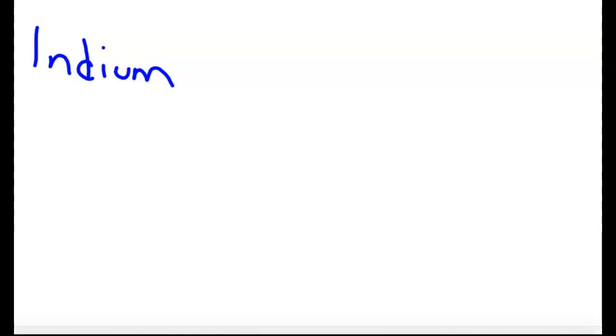Okay, and so when I look on my periodic table, trying to find indium, indium's atomic number is 49. So under the atomic number column, I'm going to write 49. I find indium, and its atomic mass is 114.8. So I'm going to round that up to 115.